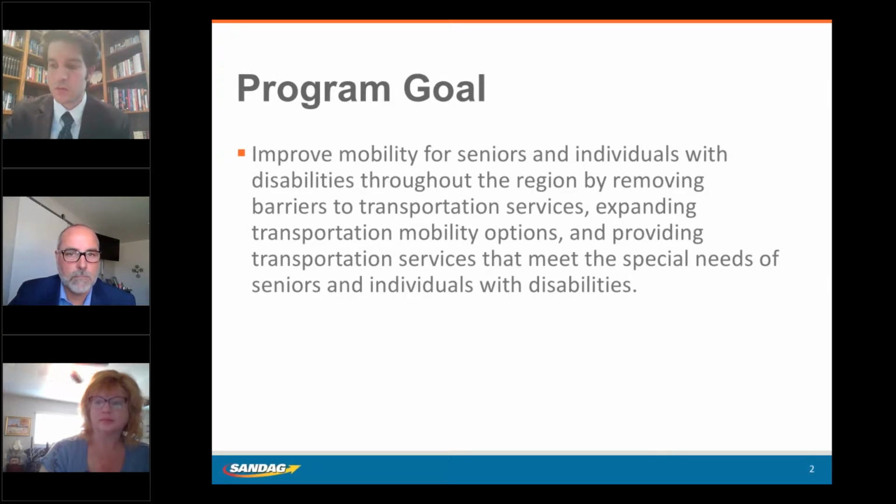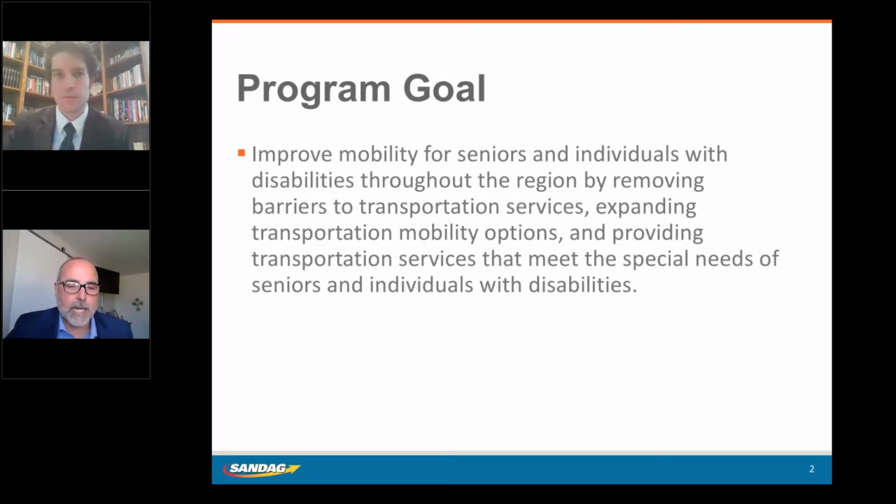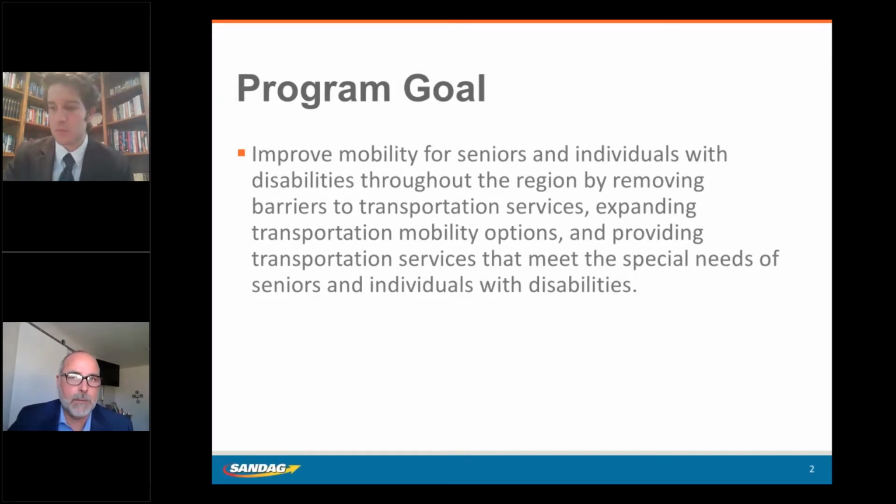Thanks. Yeah, and if I could just add, through our coordinated plan, public outreach, and our gaps analysis, we do produce maps of where individuals with disabilities and seniors are in the county. It's a dot map, and it's kind of fancy looking.